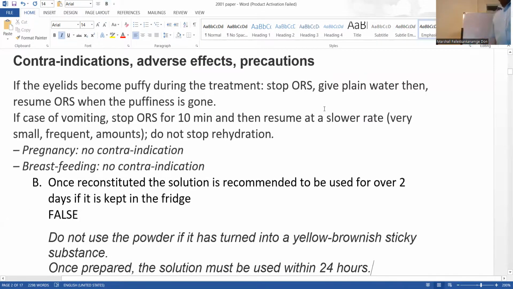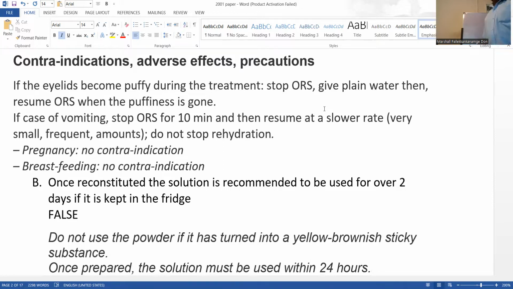Now under this topic we will see what the contraindications and adverse effects are. When you keep on giving it to a patient, if the eyelids become puffy and enlarged, that is a sign to stop ORS.